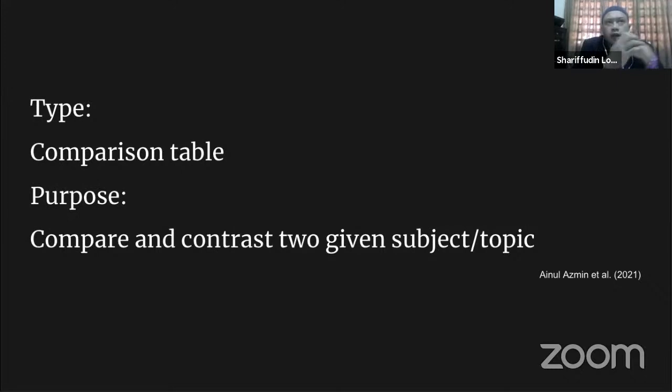So if you can put the subjects side by side, or the topics side by side in your slide as your visual aid, it would be very helpful, because you're going to be looking at two things at the same time. You are comparing the two things at the same time. Which one would be better?